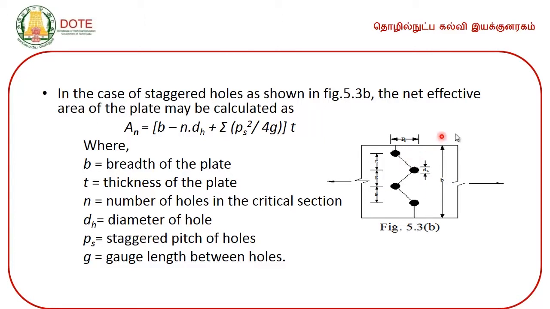Of course this is the front elevation. T is the thickness of the plate, and the net area of this type of plate which is having holes in a staggered manner is given by B minus n times DH plus summation of Ps square by 4G, the whole multiplied by T. So that will give the net area of the plate which is having holes in a staggered manner.